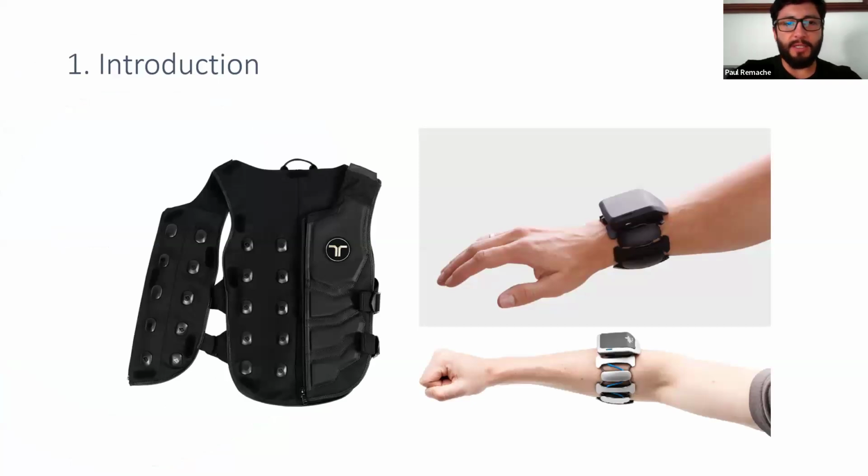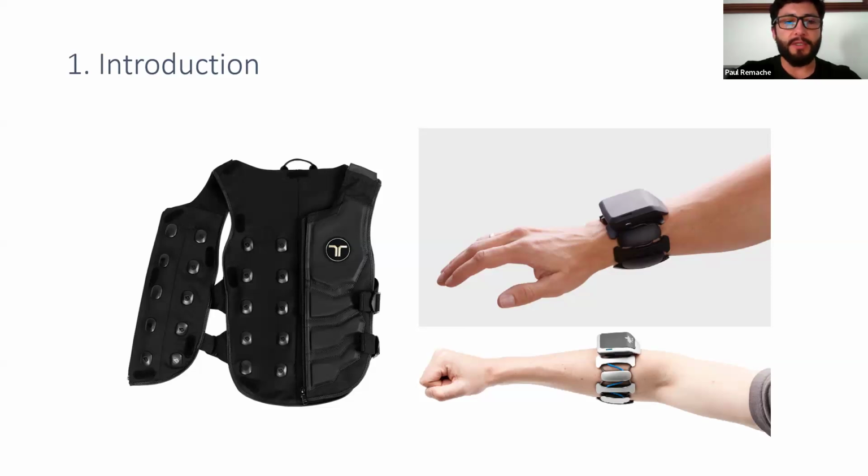Haptics is a quite new research field where you basically try to convey information through the sense of touch. There are two branches of haptics. One is related to kinesthetic information, and the other with touch. I'm going to talk about touch, which is related with vibrations and vibrotactile feedback.